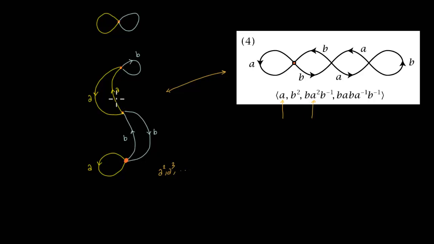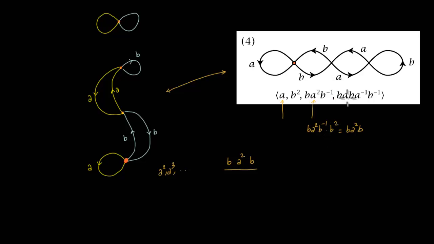You could have gone b a, then a back again, a square, and then if you go here like this, then you would have b. So this is another path, but as you can see, this path is just generated from here, b a square, b inverse, and then b square. This will give you b a square b. So again, inverses are important in generators. That's why you always include inverses.